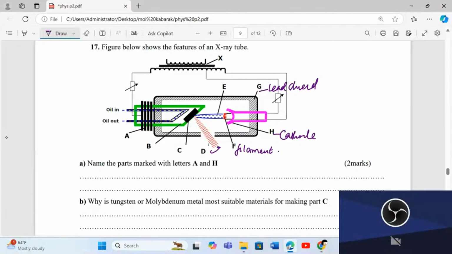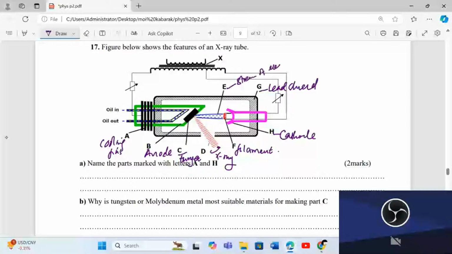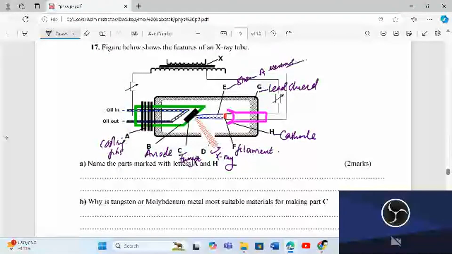This is now the X-rays. A metal target, the anode, copper anode. We have cooling fins. Anything else that has been left out is a stream of electrons. This part is evacuated.